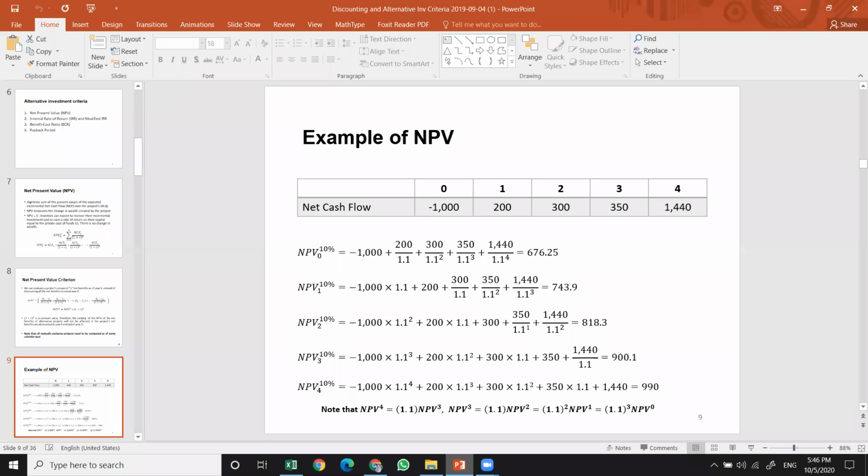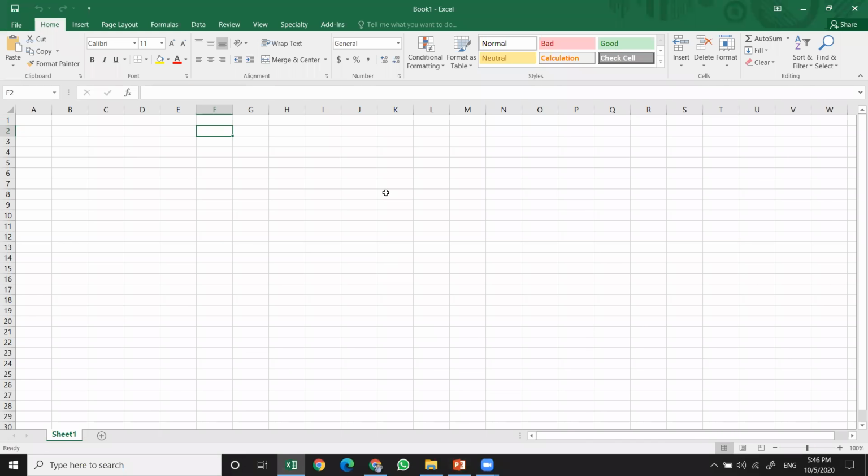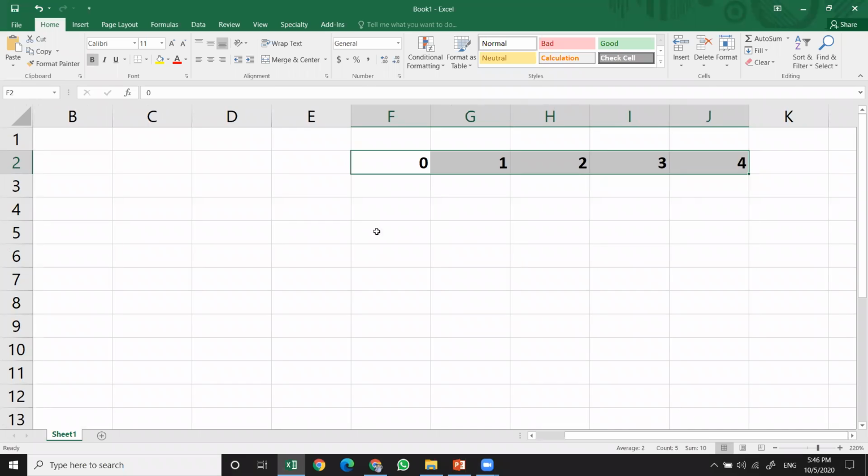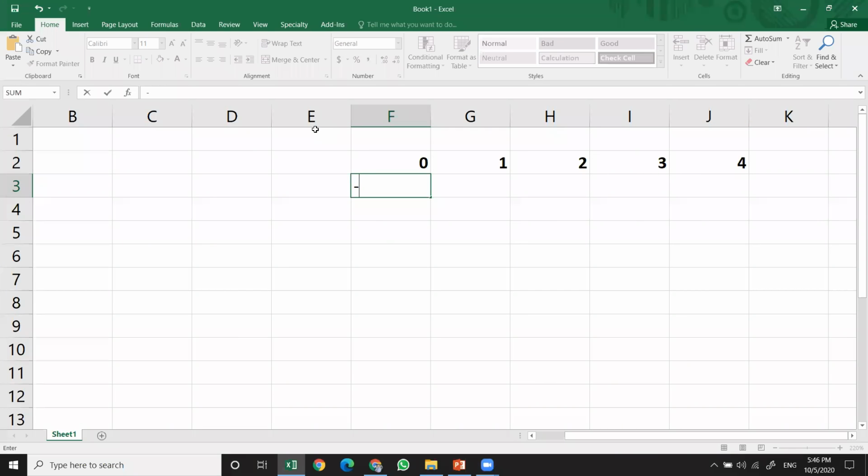How many years are we given? 4 years. So it's minus 1,000 here.